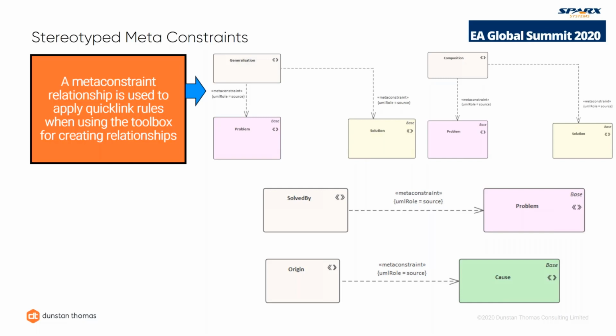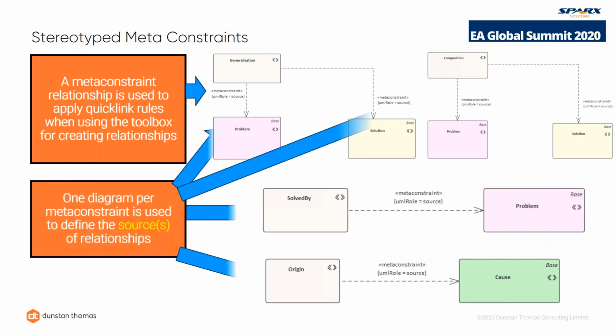Then it should work fine for you. Of course, there may be situations which you find yourself in where you do need to do these kind of cross-cutting relationships, and it may be a little side effect that works for you. But generally, what I've just said is what works for me. I keep it nice under control. And again, one diagram per meta constraint.